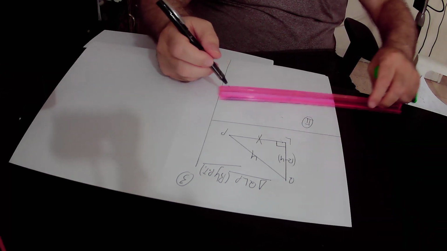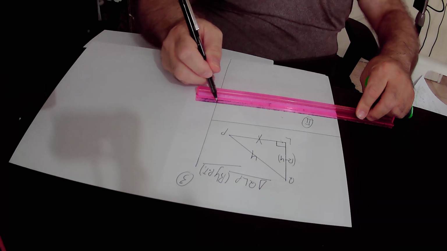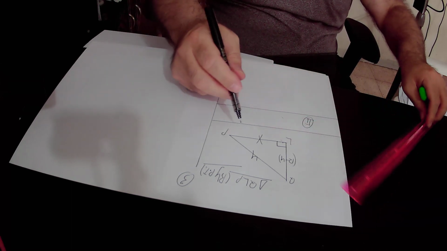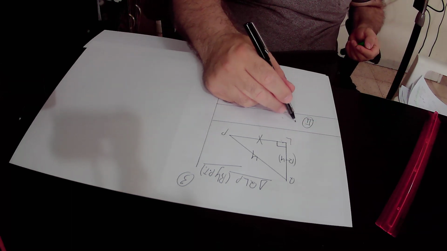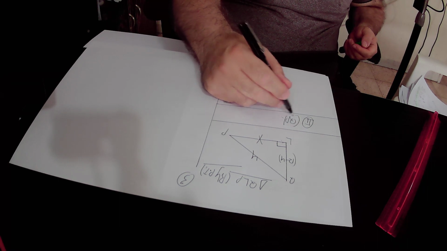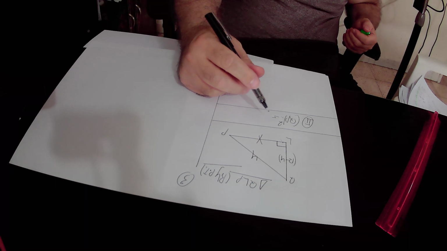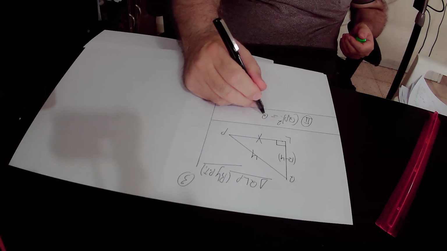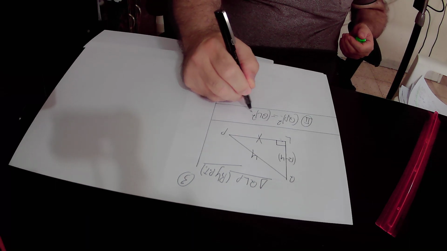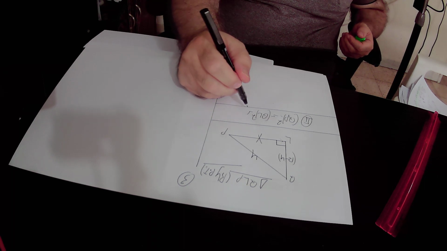So here, the hypotenuse is QP, and the square of the hypotenuse is QP squared, and it must be equal to the sum of the squares of the perpendiculars. That is to say, it must be equal to QL squared plus LP squared.